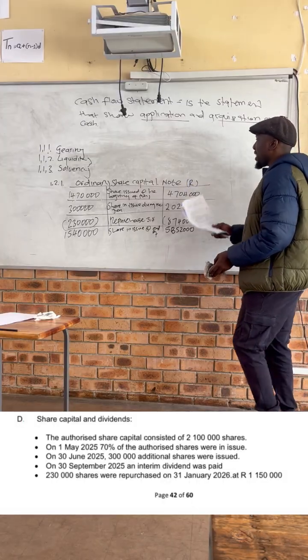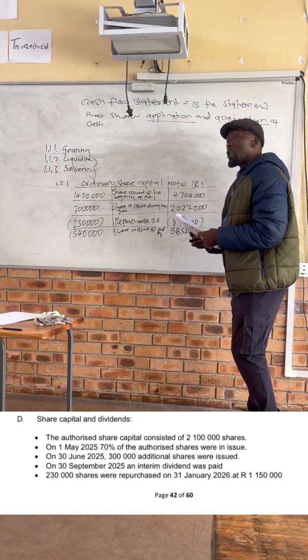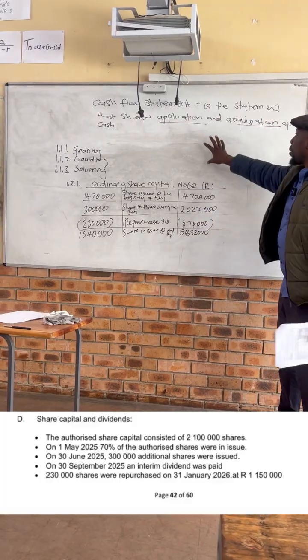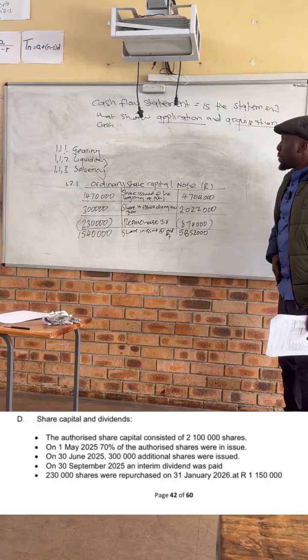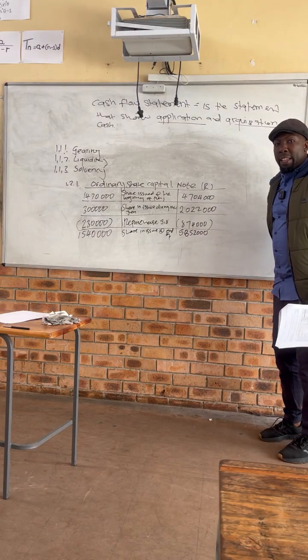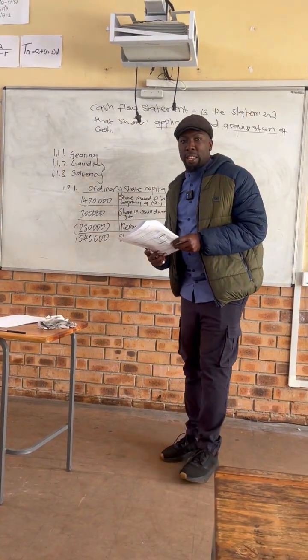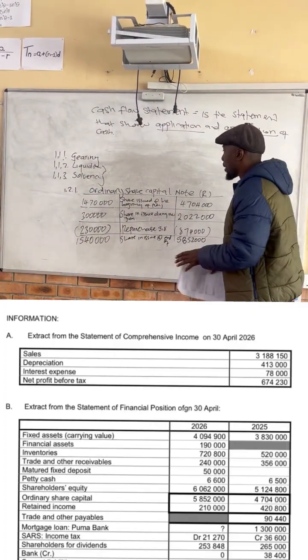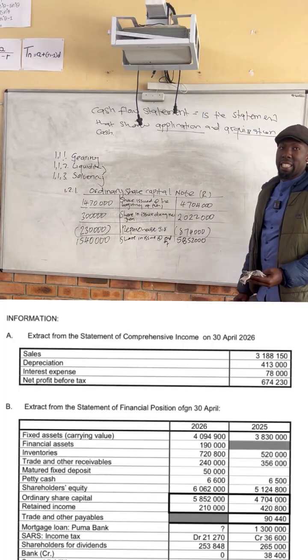Let's go to income tax paid. Guys, you still remember I showed you the format of calculating our income tax paid. We want the money that we paid in our bank, so that is our income tax paid. Now we go to our information. Anything that relates to SARS, we must use in order to get income tax paid.